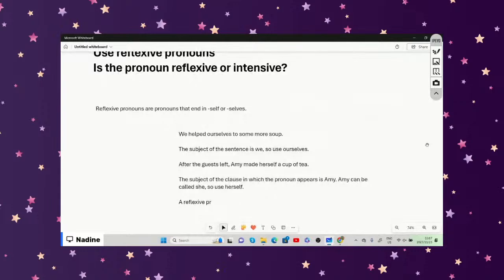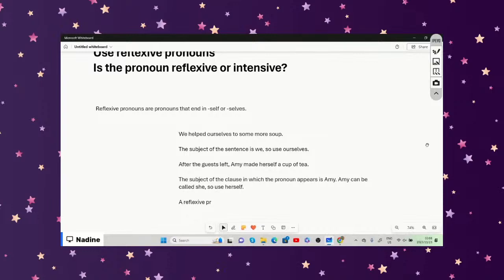We will only know which based on whether it's singular or plural. If it refers to one person or thing, we use words like myself, itself, himself, herself.